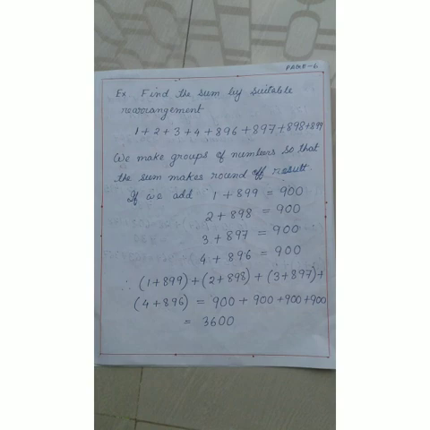If I add 1 to 899, it will give us 900. This is a round off number. If we add 2 to 898, this will give 900. That is also a round off number.